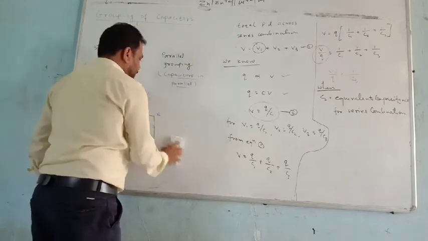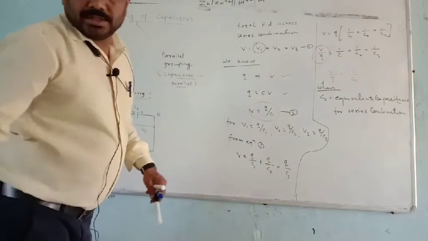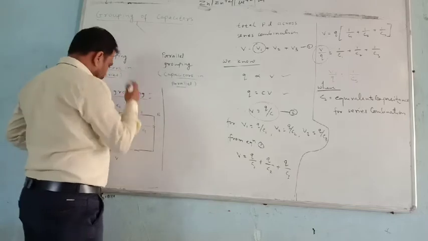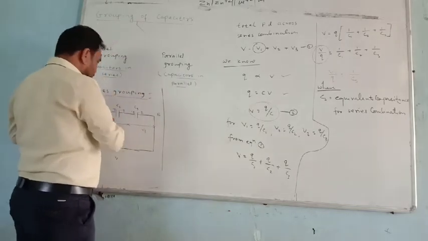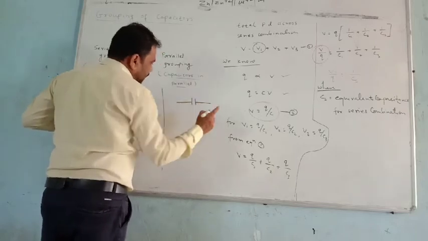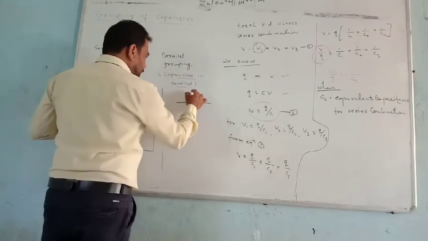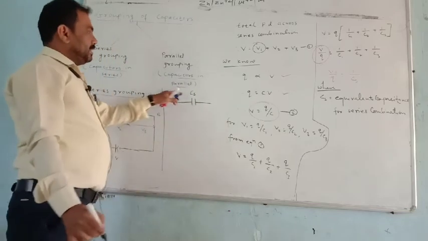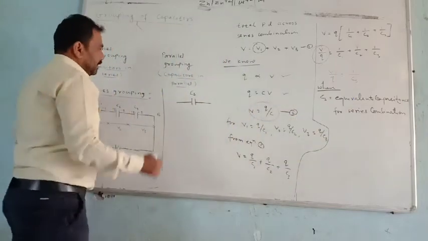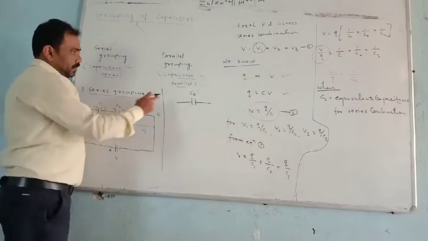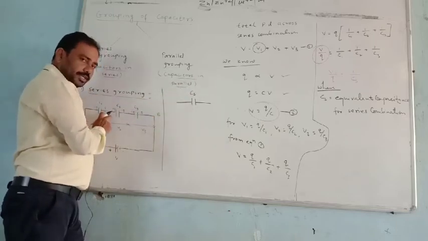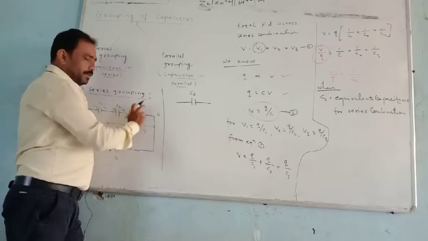This diagram may be drawn like this, that is, instead of C1, C2 and C3, we can draw only one single capacitor, known as CS, the equivalent capacitance for the series combination. Whatever the effect of CS, it is exactly equal to C1, C2 and C3, that is, this series combination.